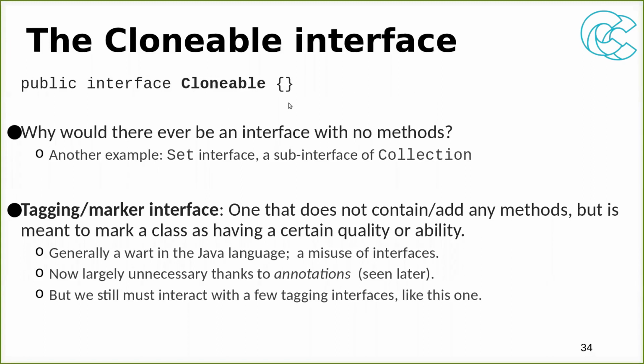There is no method declared in it, so you don't have to provide a body or definition for any methods. By marking a particular class, we are just specifying that we are okay for this class to be cloned. That's the only reason to provide this marker interface.